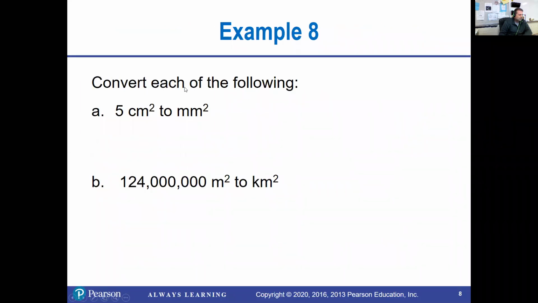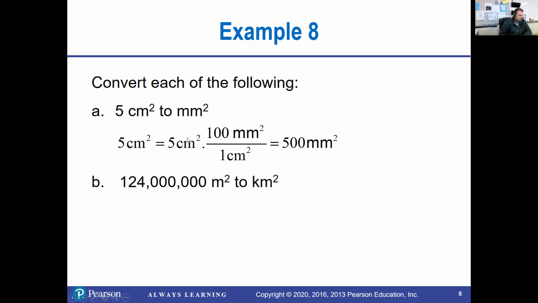All right, so how am I going to convert 5 square centimeters into square millimeters? Well, that's going to be a tenth and a tenth, which would be a hundredth. So that needs to move over 2 decimal places.